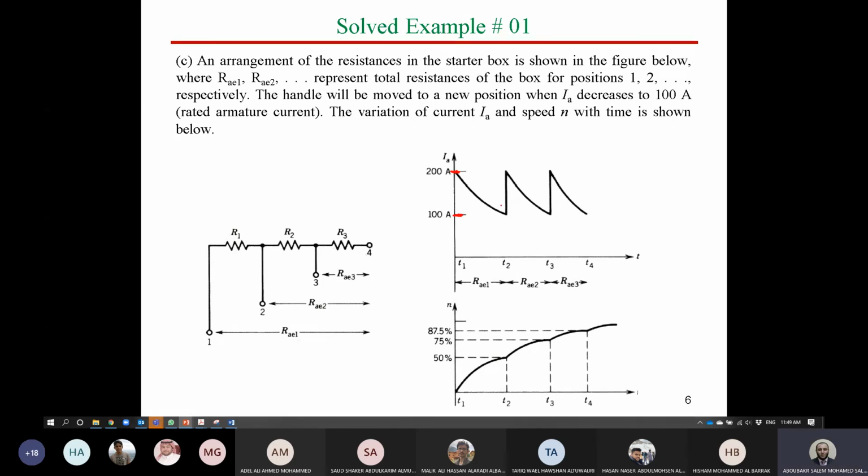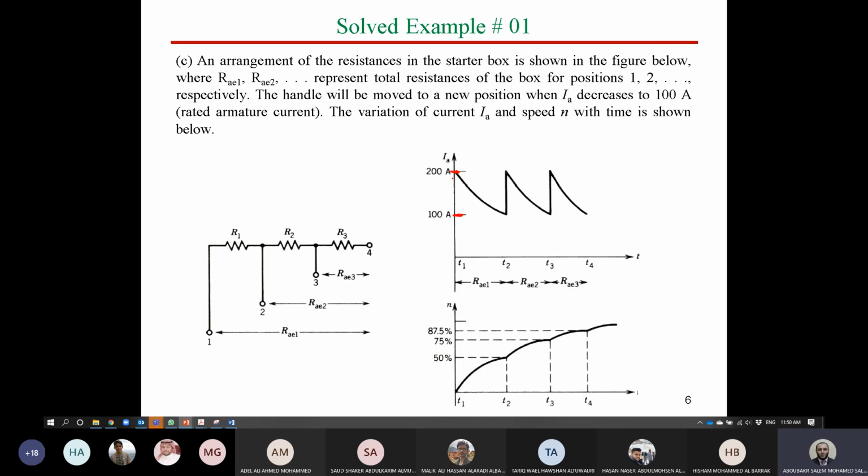So you should change the resistance such that the current keeps moving between these two values. You need to design steps for your starter so the current moves from maximum to minimum. Simply, you start at 100 amperes when you add all the resistance. If you remove part of the resistance, at the instant of removing, the current should not increase over 200. This is the idea.